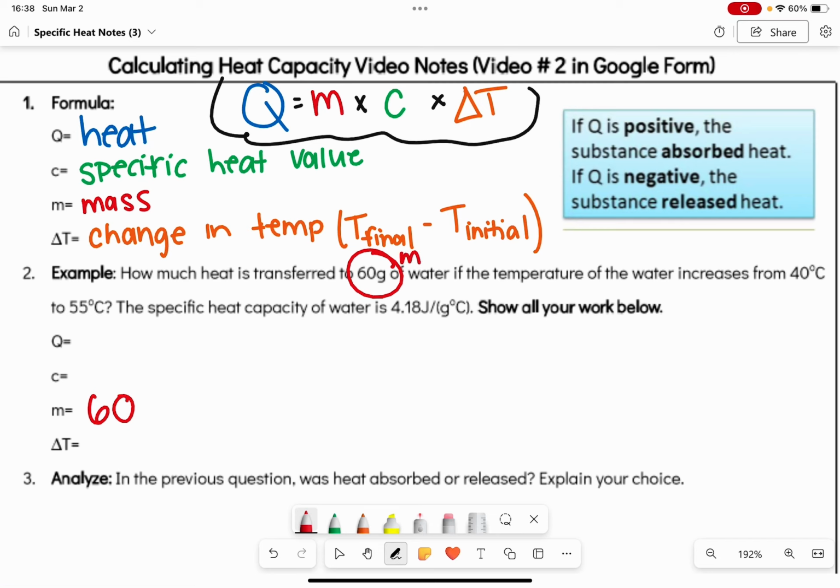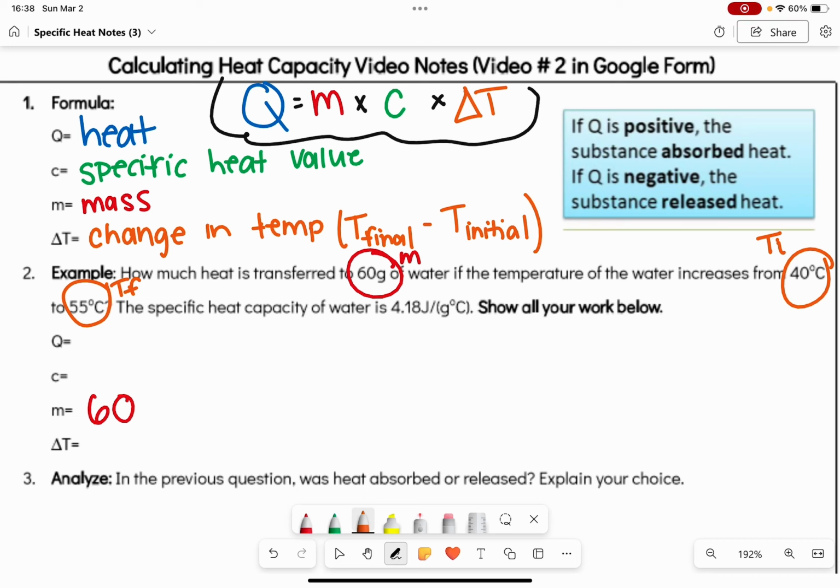The second and third number they gave us, it says the water increases from 40 degrees Celsius to 55 degrees Celsius. So they are saying that our end temperature, or our final temperature, TF, is 55 degrees Celsius, and our starting temperature, or T initial, is 40 degrees Celsius.